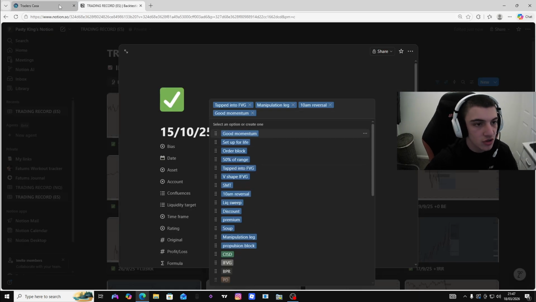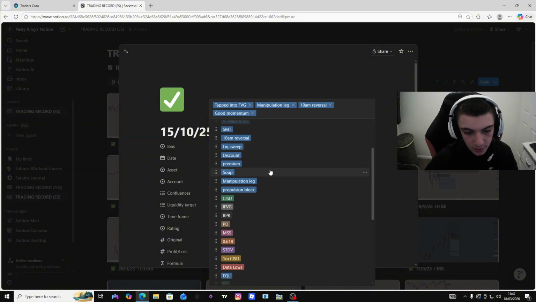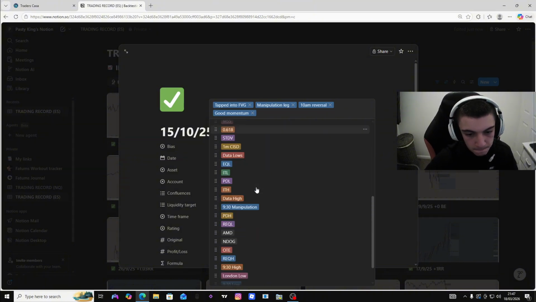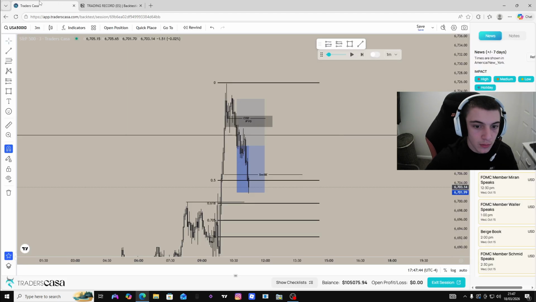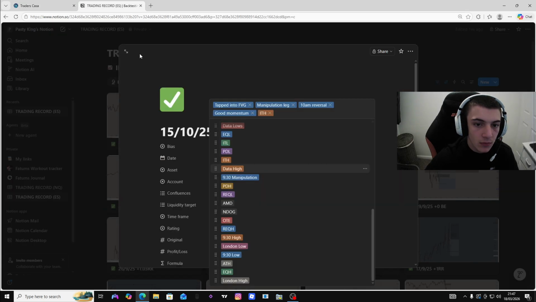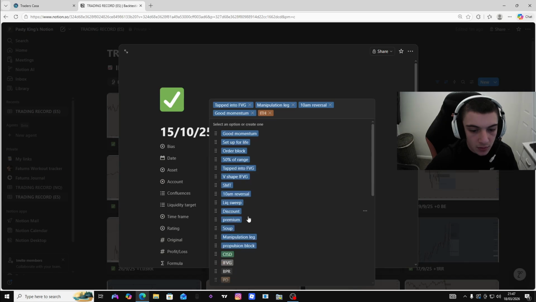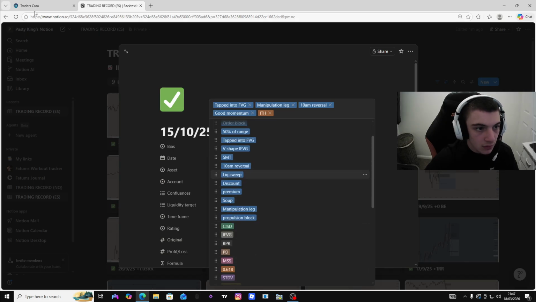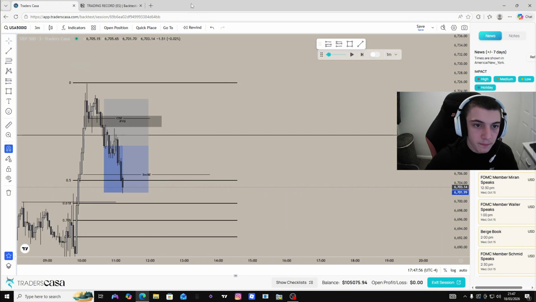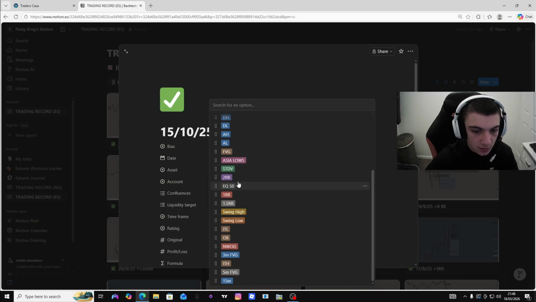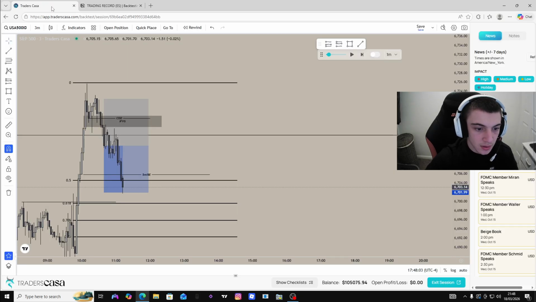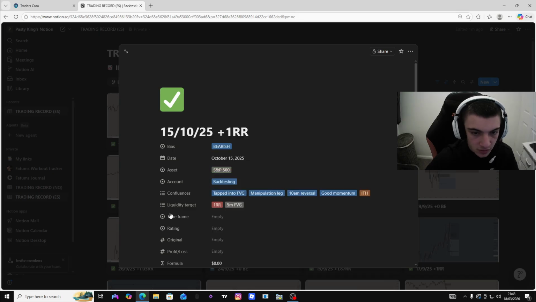We had change in state delivery and an IFVG, quite rapid. That's probably it. Alright, liquidity target was 1R and 5 minute FVG for break even.